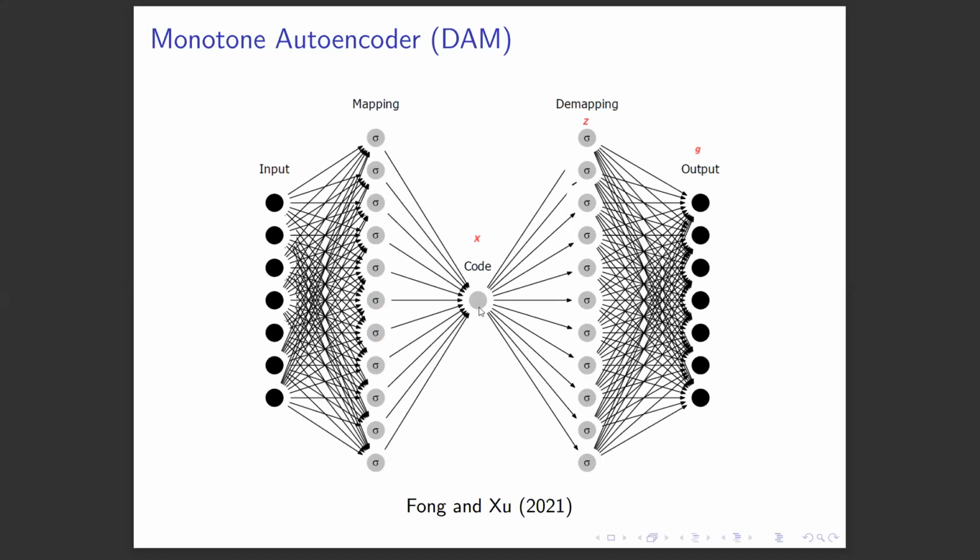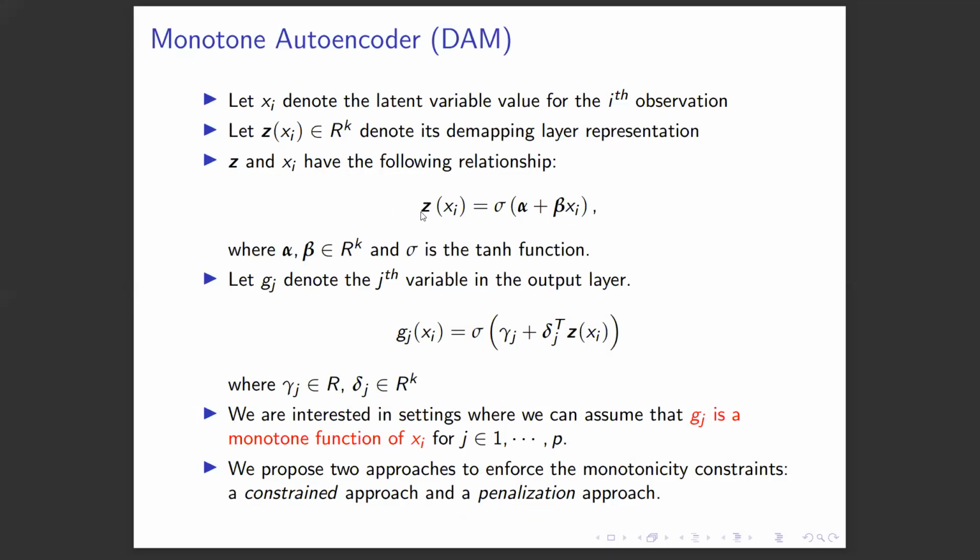If we call this variable x, and this layer the vector z, and suppose this is a single output variable g, then z is a linear combination of the input variables with a nonlinear activation function. And then g, the output, is another nonlinear activation of a linear combination of the demapping variables.